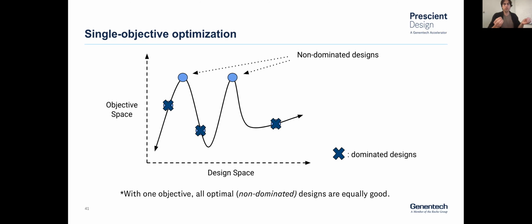That's essentially what it means for a problem to be single objective. In the multi-objective case, non-dominated designs can be differentiated, and they're differentiated along this Pareto frontier where they represent different trade-offs. And so the question is, how do you measure the value of new designs when you have more than one objective? Because you can't just rank them.